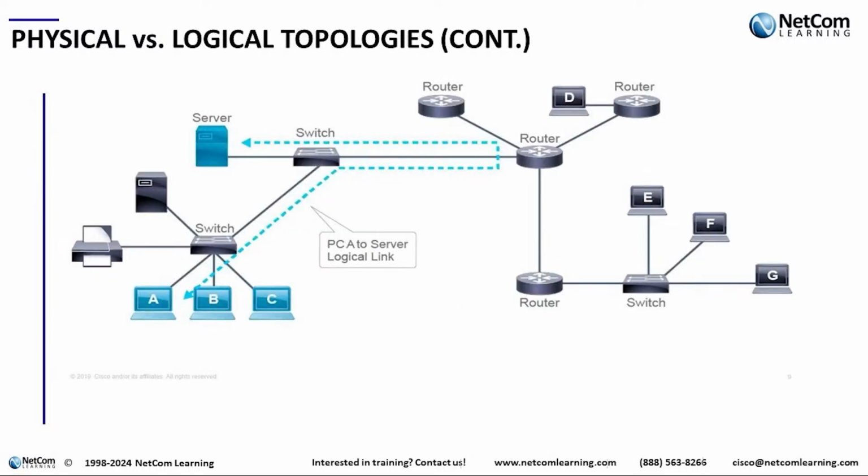So both the logical and physical topologies, as it refers to our network diagrams, are key to effective network and infrastructure management. So when you maintain up-to-date diagrams, admins and network engineers can troubleshoot and therefore minimize downtime.